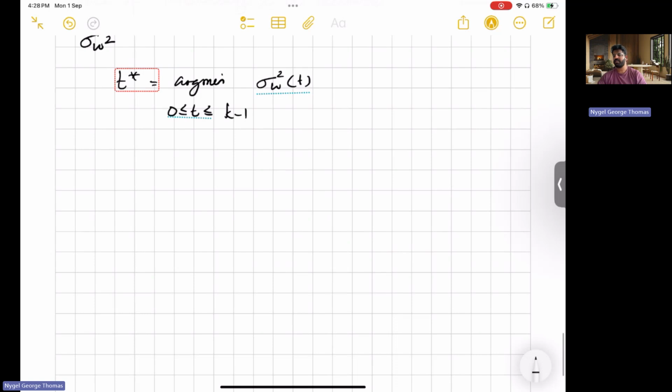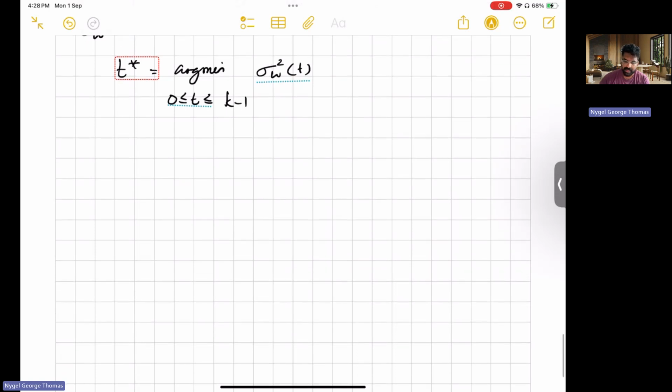So we have to solve this optimization problem to find the optimal T star, which minimizes the within class variance. But it happens that solving this problem is a bit more involved. It's complex to optimize this, and it requires second-order statistics.